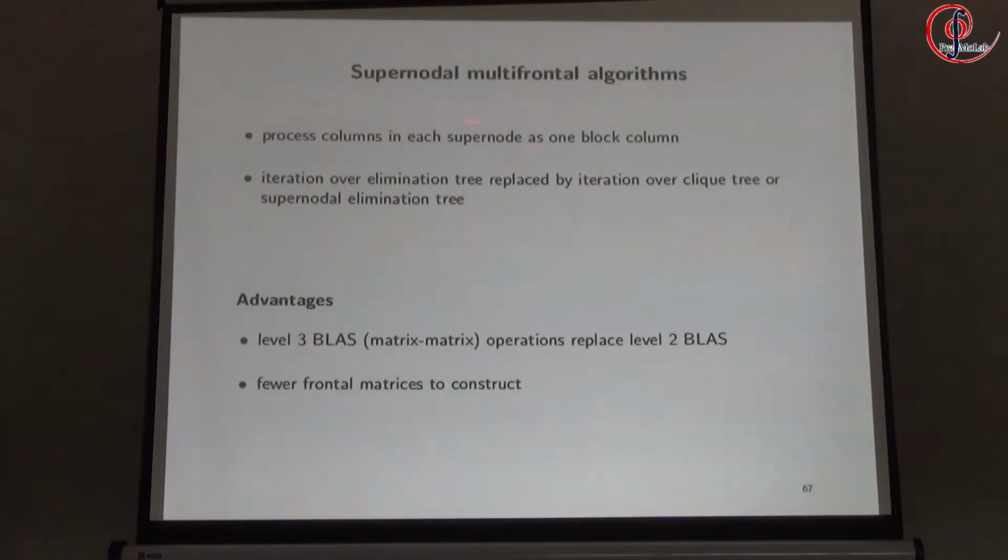And then you can formulate methods that are very similar to the scalar or nodal version of the multifrontal method, but they process block columns together, so they're more efficient, because matrix-vector operations are replaced by matrix-matrix operations, and also because the elimination tree is replaced by a supernodal elimination tree which has fewer vertices. So you have fewer steps in the algorithm.